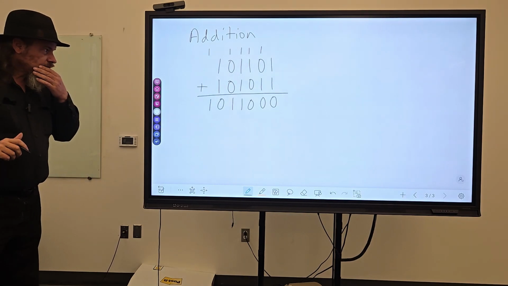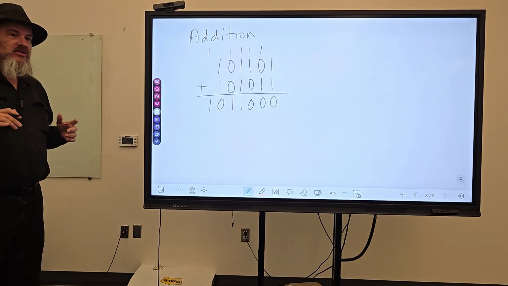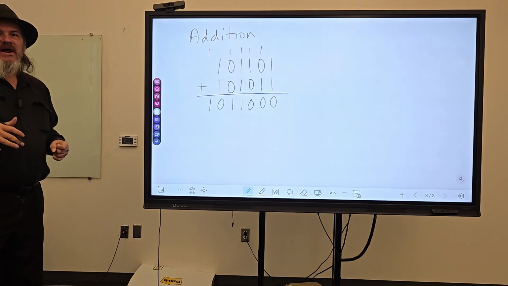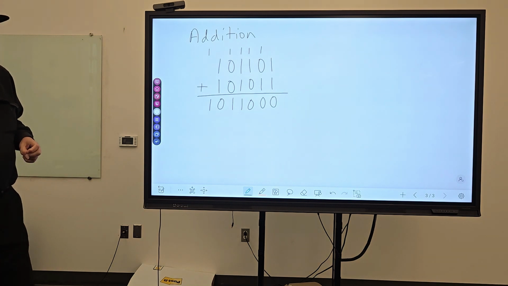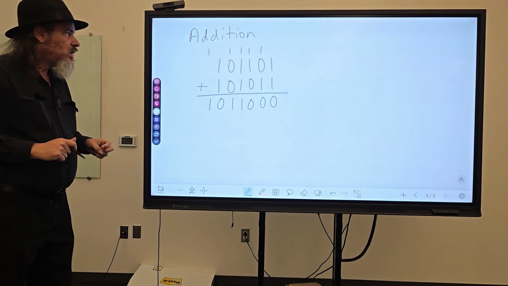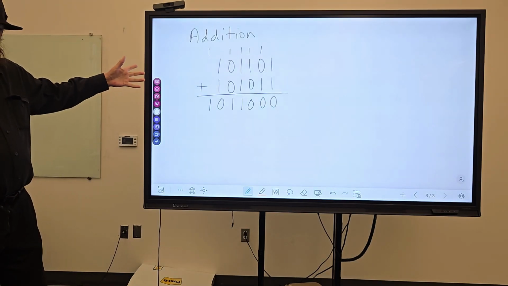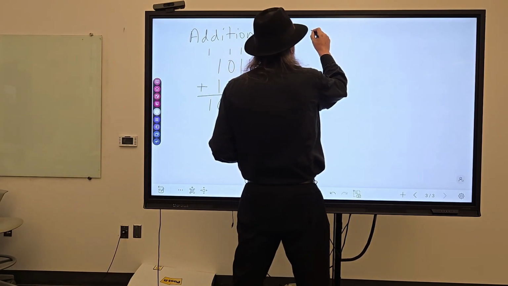Okay. Subtraction is the same as decimal in that you add a negative number. Now, how do you represent negative numbers in binary? Well, you use 2's complement.